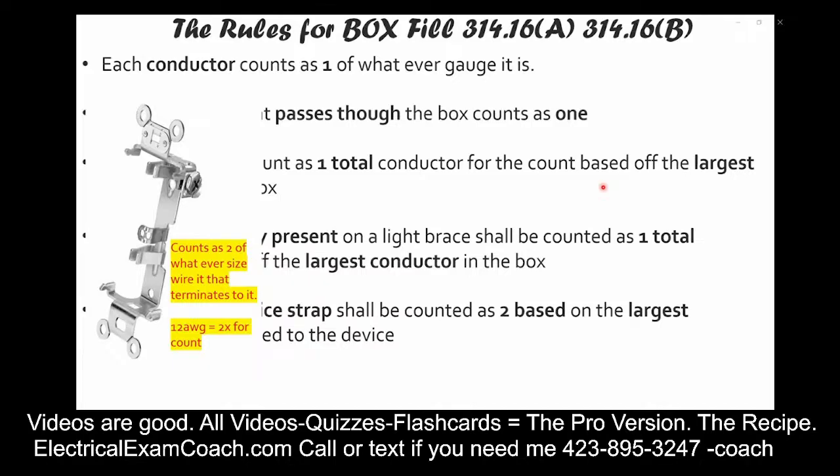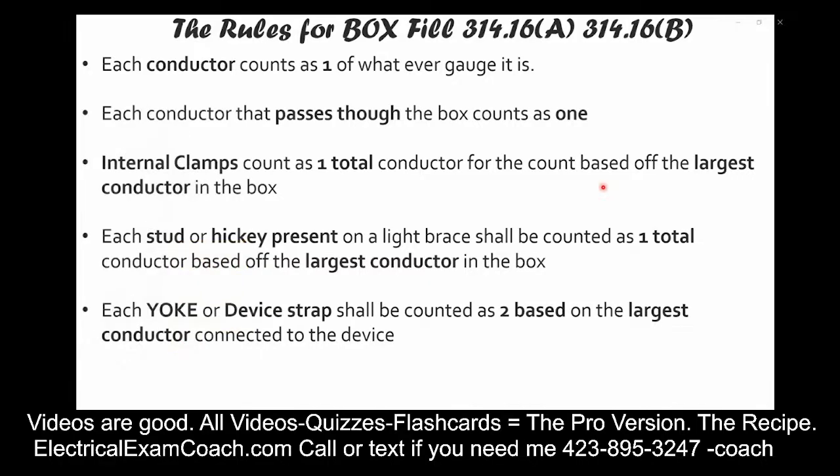If you have a single gang box, 2 gang box, or 3 gang box, each gang is going to count as 2 based off the largest wire that is connected to the device. So if I had a box that had 12 gauge on one switch and 14 gauge on another switch, the first switch would count as 2 12s, and the second switch would count as 2 14s.